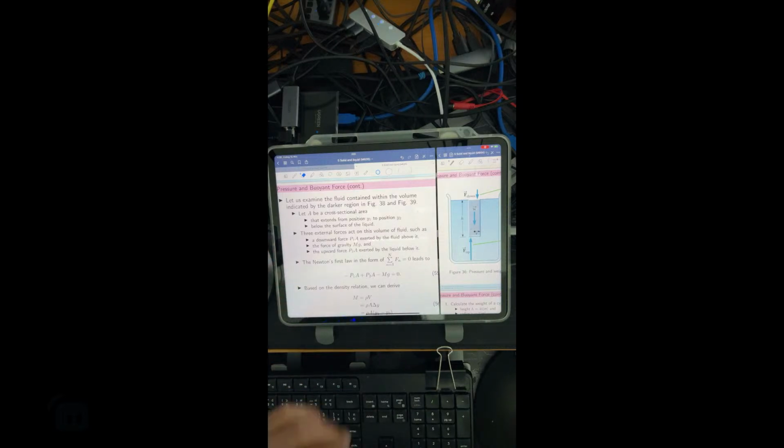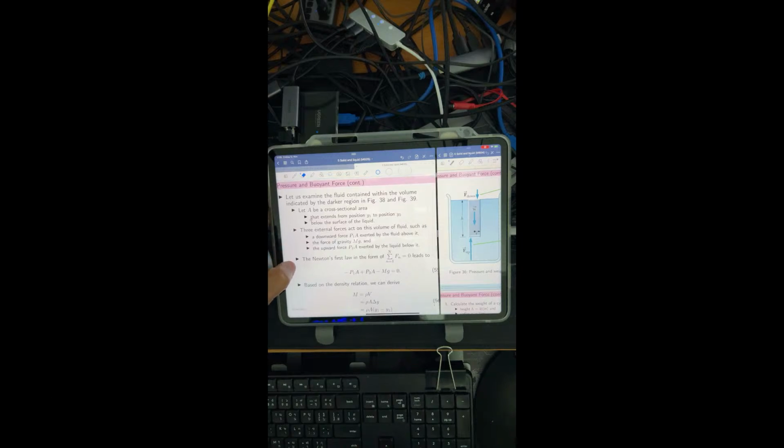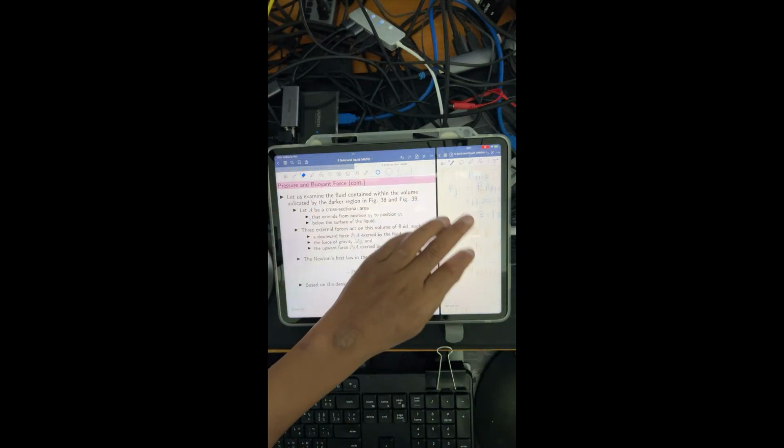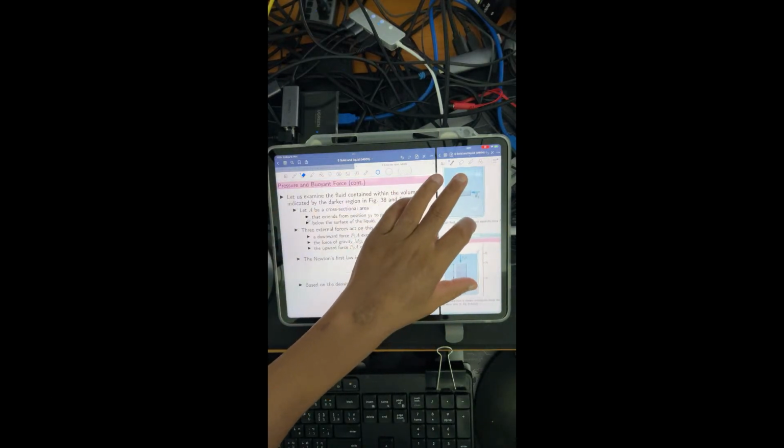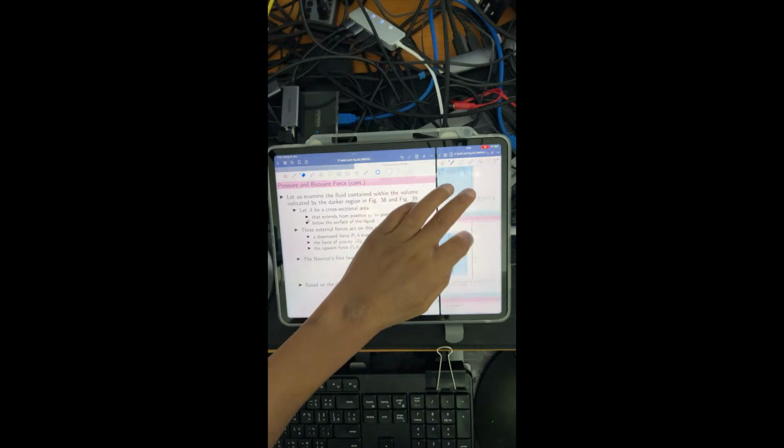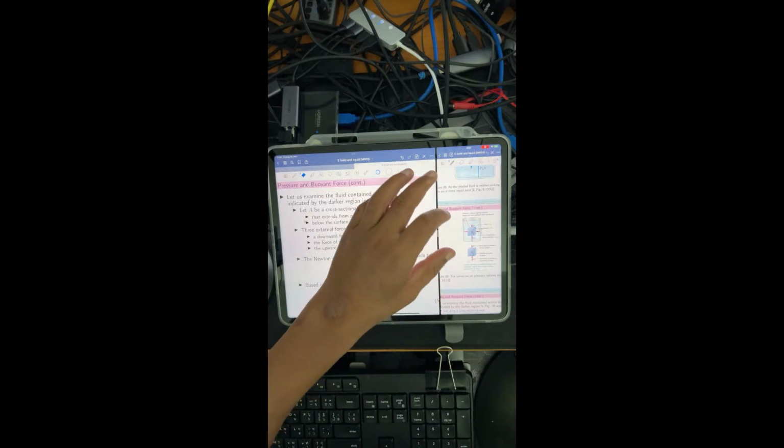Okay, let's examine the fluid contained within the volume indicated by the darker area in figure 38 and figure 39. In these two figures, A is the cross-sectional area, right? And it extends from position y1 to y2 below the surface of the liquid. There are three external forces acting on this volume of fluid.